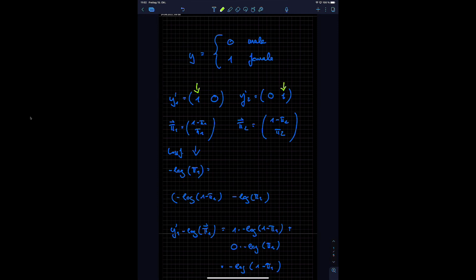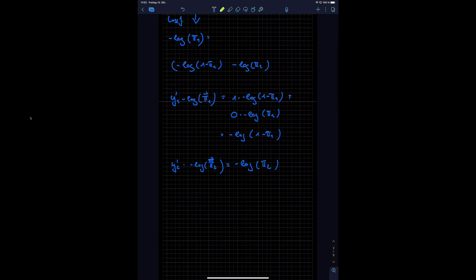Okay, and these are the values that are, so for the first observation, the probability estimation for being a male person goes into the loss function of the overall model, and regarding the second observation, the probability prediction for being a female person goes into the loss function.